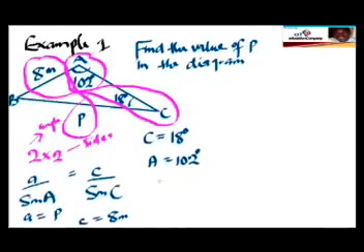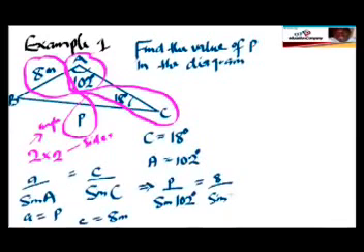Now if I apply that to this formula quickly, I'll be looking at this. P over sine 102 degrees is equal to 8 over sine 18 degrees.